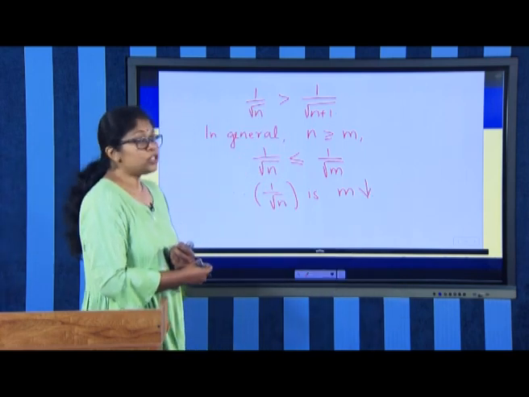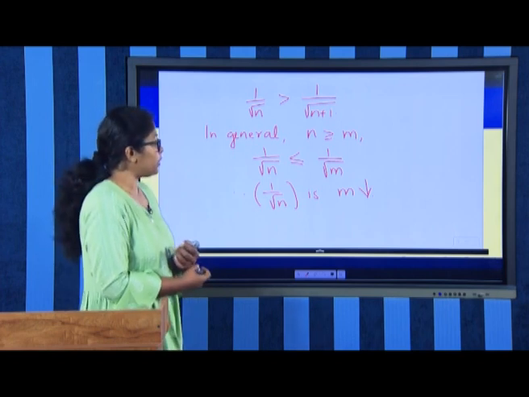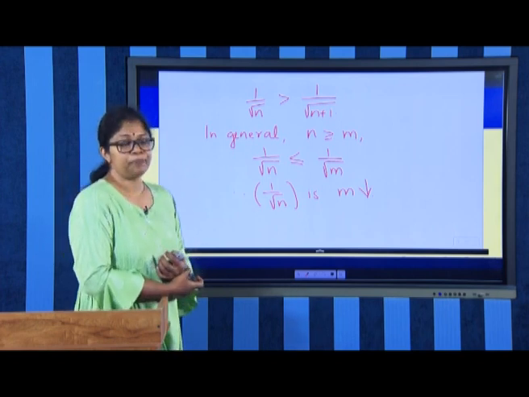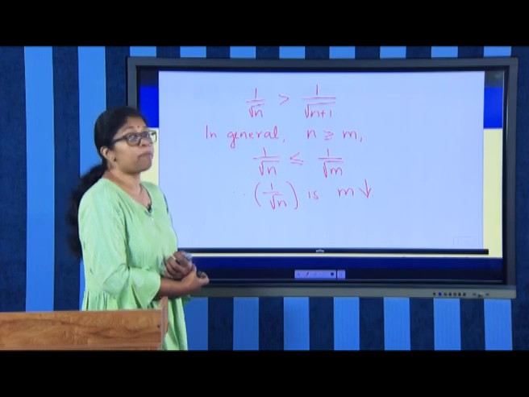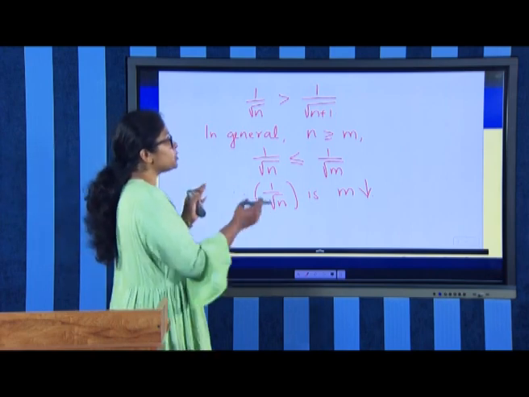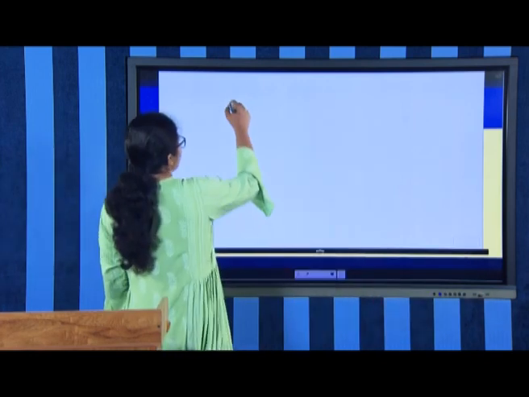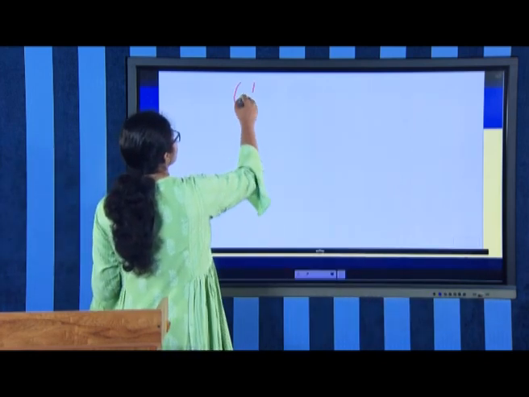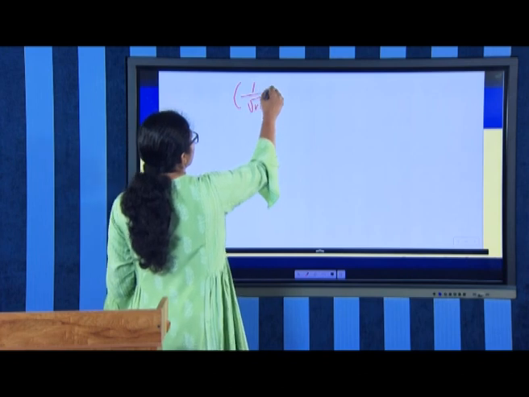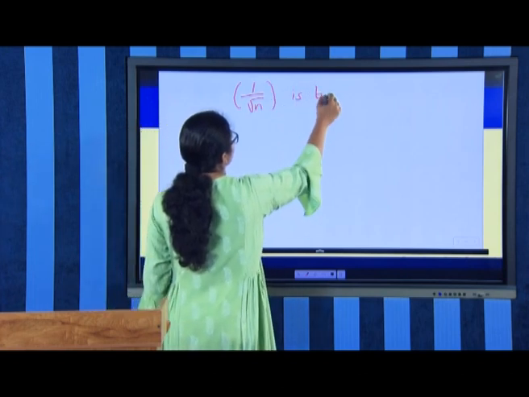Now, if it is monotonic decreasing, we have to show that it is bounded. Then only we can show that it is convergent. So, now the second question arises, whether the sequence 1 by root n is bounded.